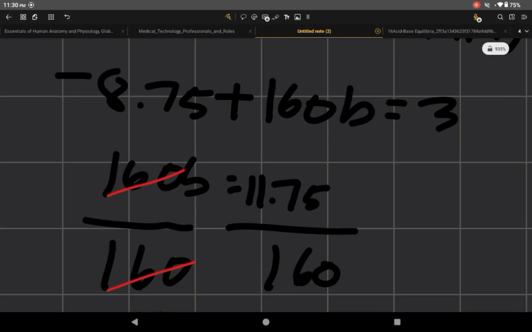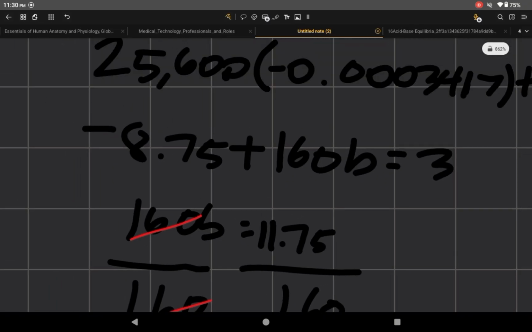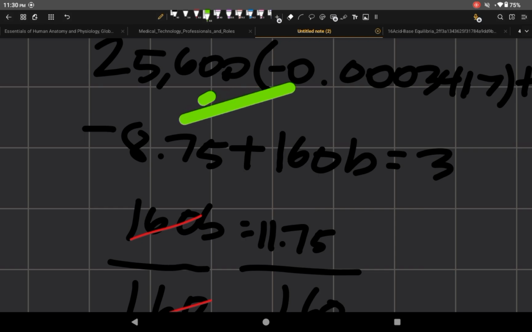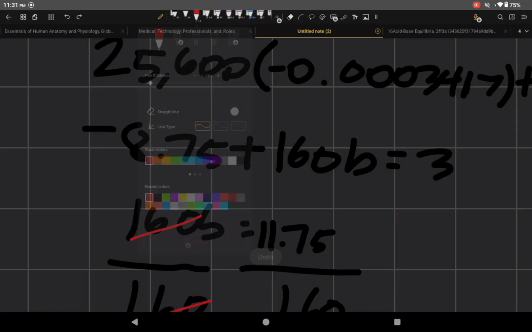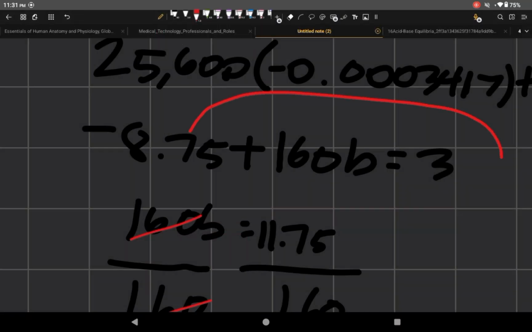Since negative 8.75 plus 160B is equals to 3, transfer 8.75 sa pikas, may plus na siya.